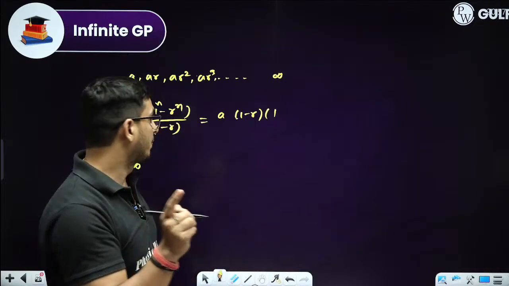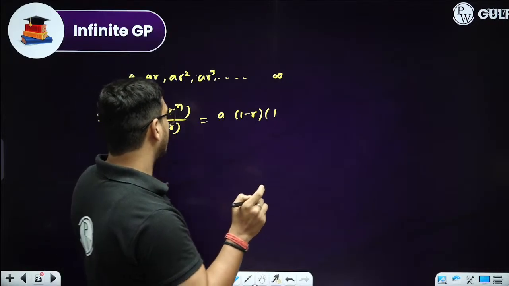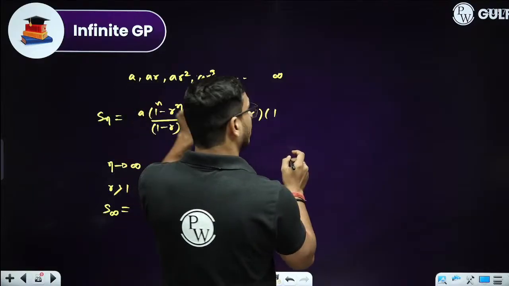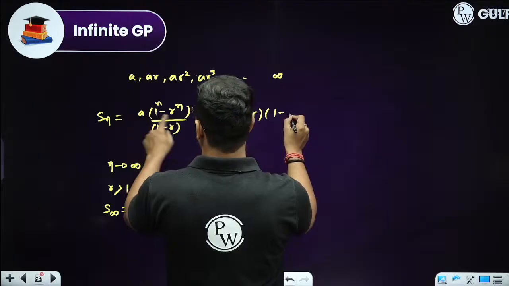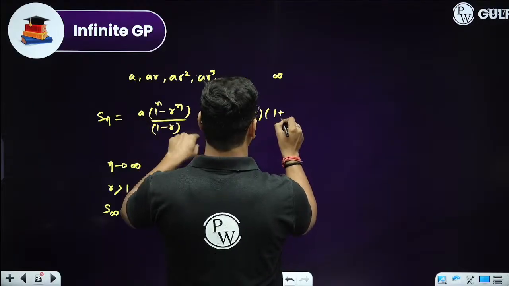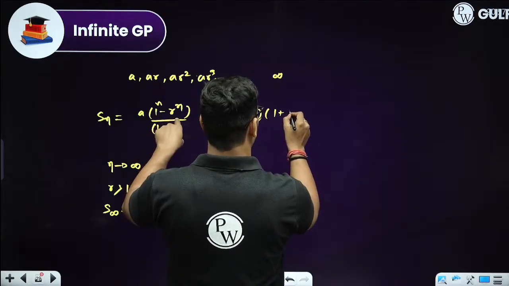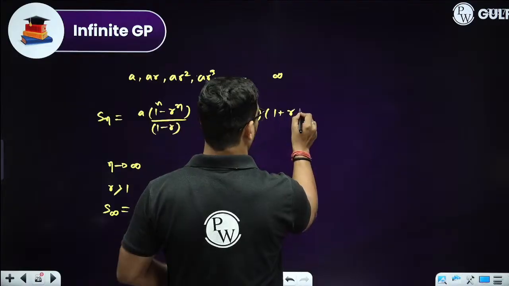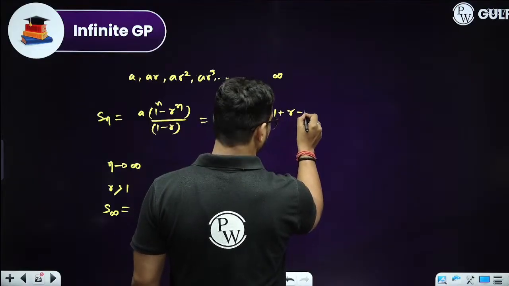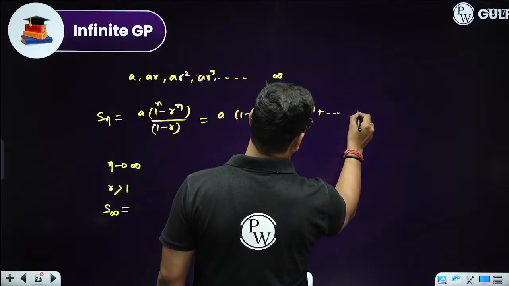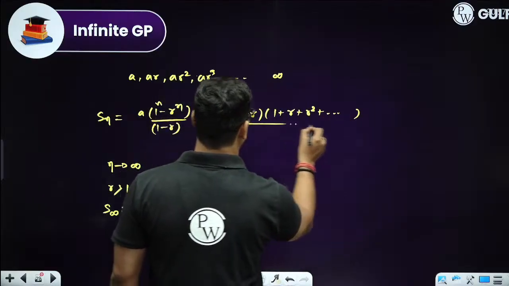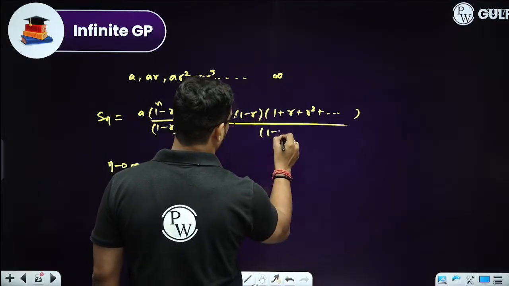So we have 1 minus r, then 1 to the power n minus 1 minus, then plus 1 to the power n minus 2 into r, right? Then again plus r square, you will get this till infinite, and here we have 1 minus r.